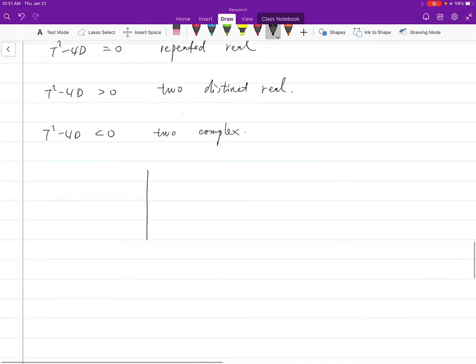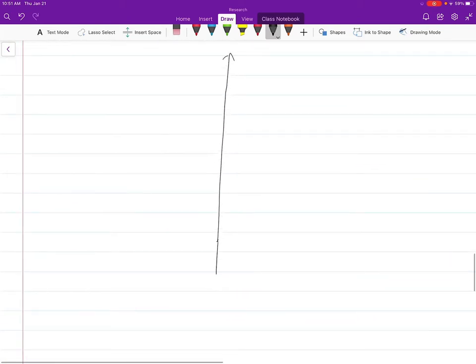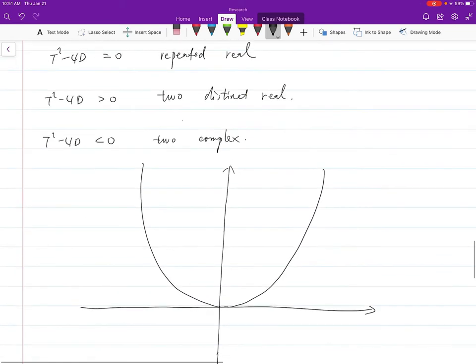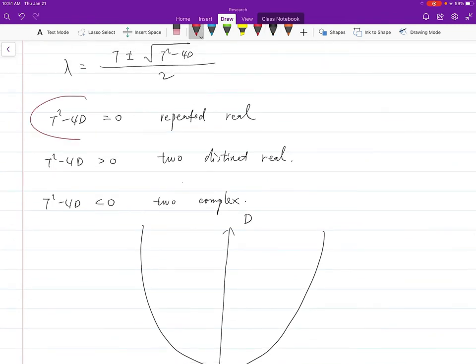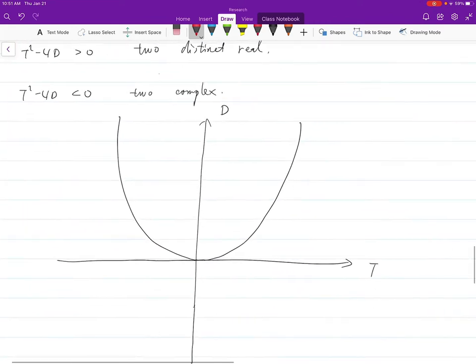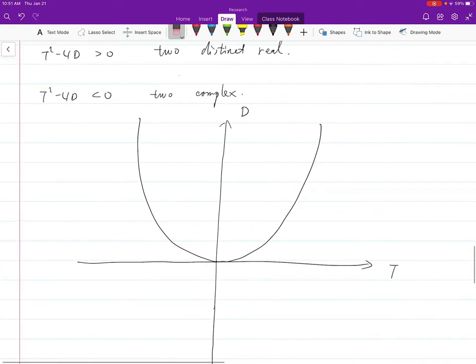Okay, so now if we draw the TD plane, and we put t and d as the axes, then this one gives you nothing but d equals t squared over 4, which is a parabola. So it's going to be a little bit flatter than this.